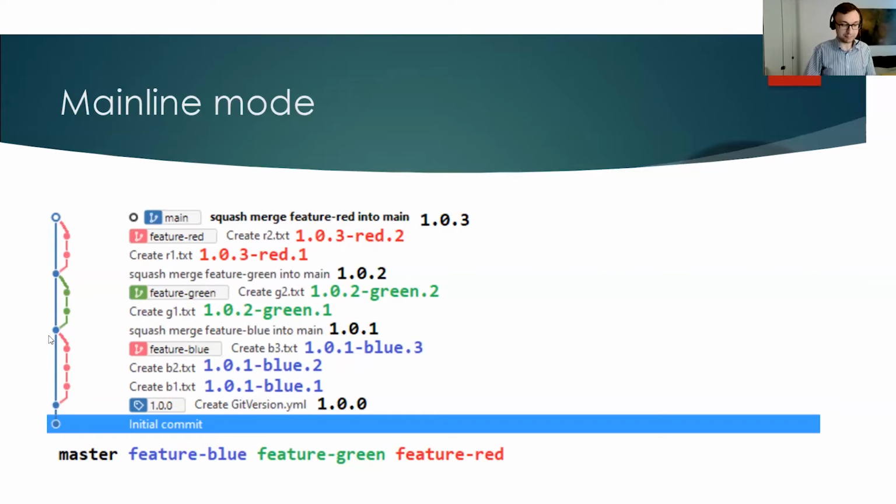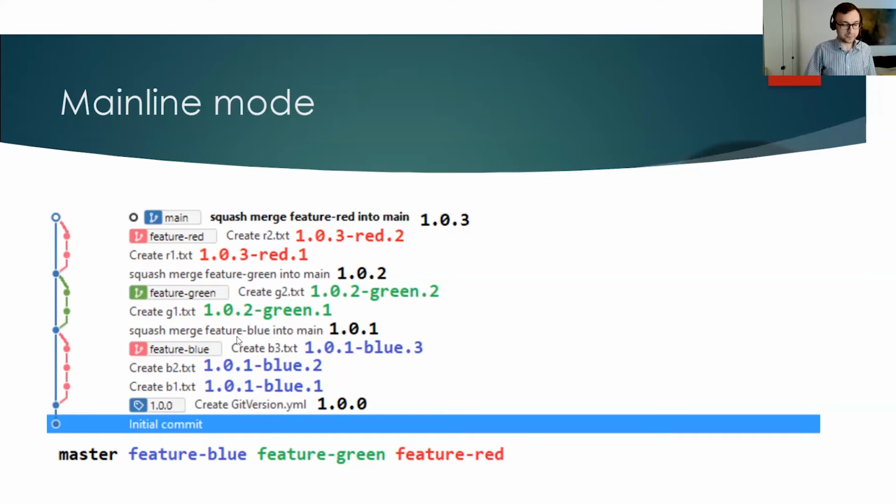Once we merge it back to master, and pay attention that this is a squash merge, I didn't add those 3 commits to the master branch, but rather created just one merge commit to have one commit with the feature blue on the master branch. And it generated version 1.0.1.